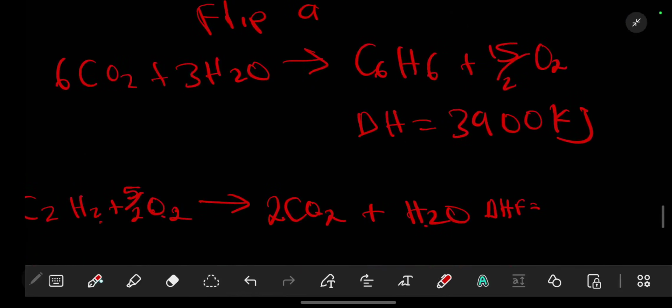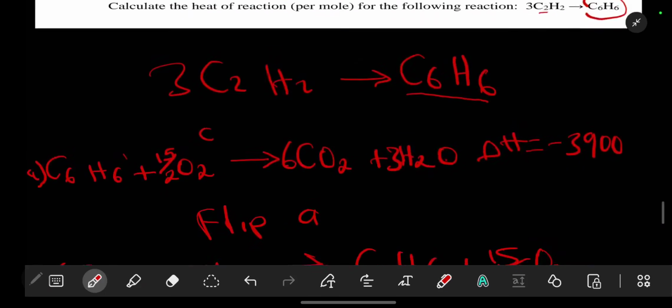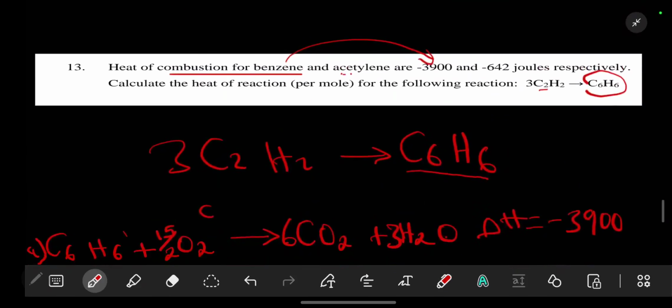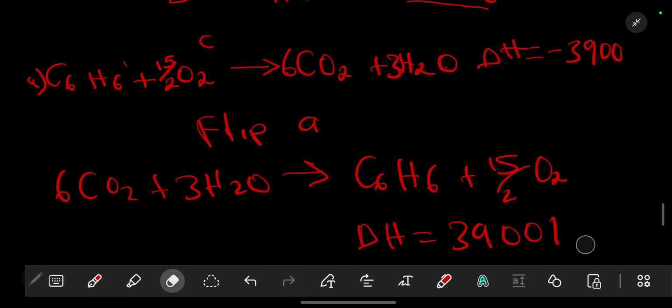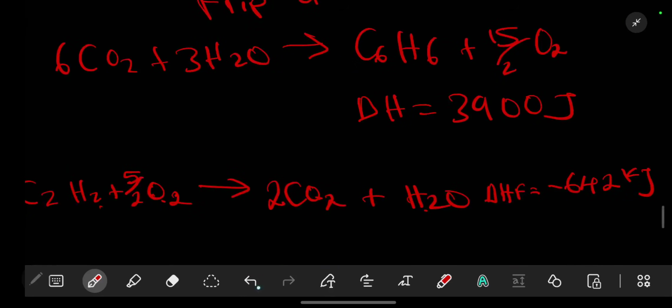So the change in enthalpy is equal to negative 642 joules, like that. So it's joules, not kilojoules. So we have the joules there, we have the joules here.